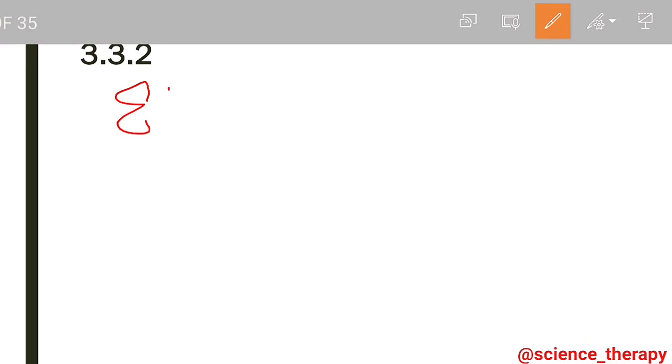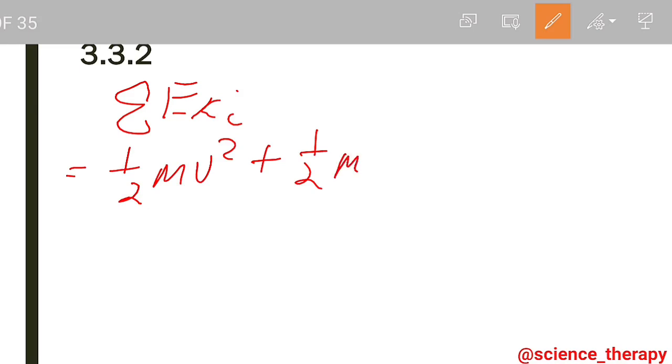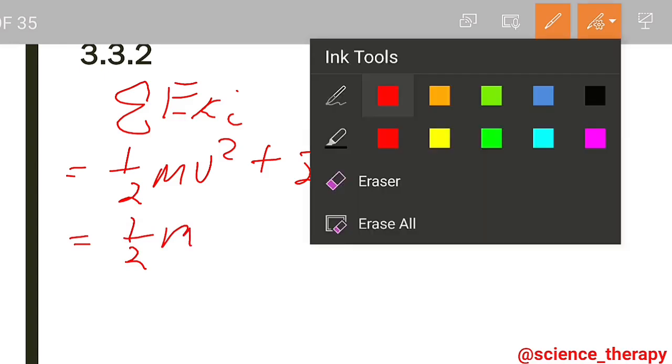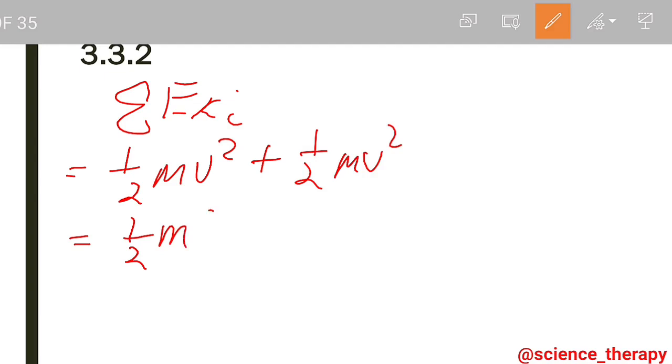So let's say sum of kinetic energy initially. Let's calculate that. We have half mv squared plus half mv squared. Then this is half, and then we have our m again.